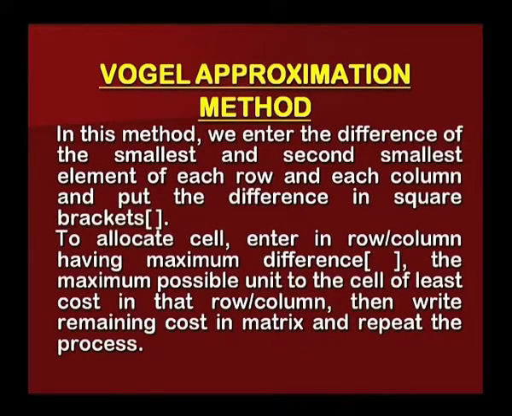To allocate a cell, enter the row or column having the maximum difference. Allocate the maximum possible units to the cell of least cost in that row or column. Then write the remaining costs in the matrix and repeat the process.